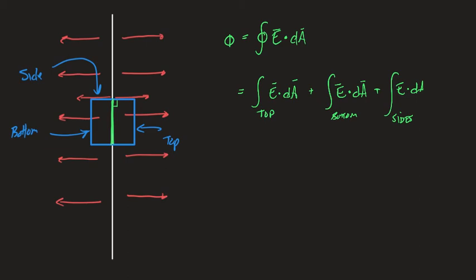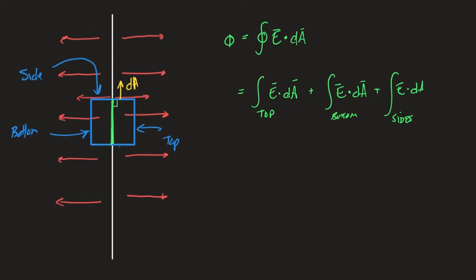Those three things we have to look at: the strength of the electric field, the area that that electric field passes through, and the direction between the area and the electric field. On the sides, the direction of the area has to be away from the center, but is clearly going to be perpendicular to the electric field.